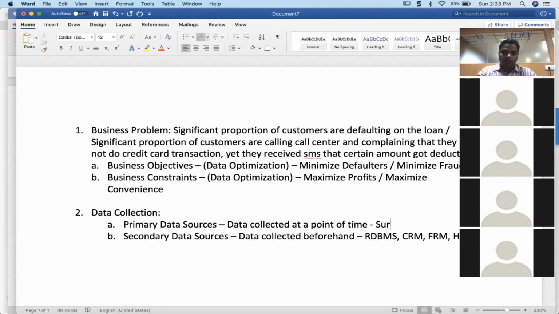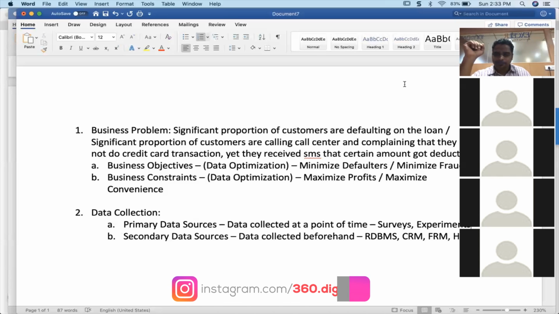Okay, and what techniques do you employ? Surveys and experiments. Now, let us take a hypothetical example. Say we sent you an email to fill a survey. So there are 5 pages, 10 questions each.